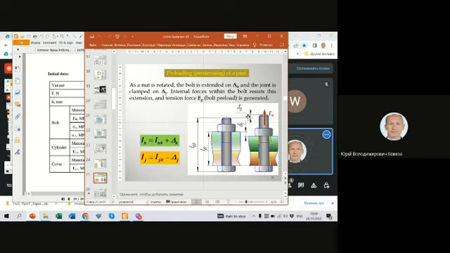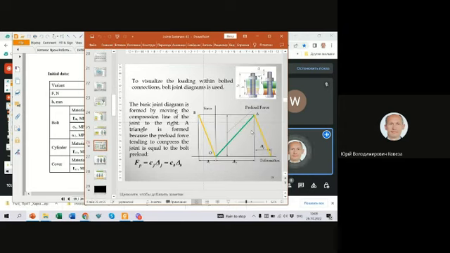And these deformations are not equal, because they are proportional to stiffness of elements, stiffness of the bolts, stiffness of the joint. And we should prepare so-called bolt joint diagram to visualize this joint.